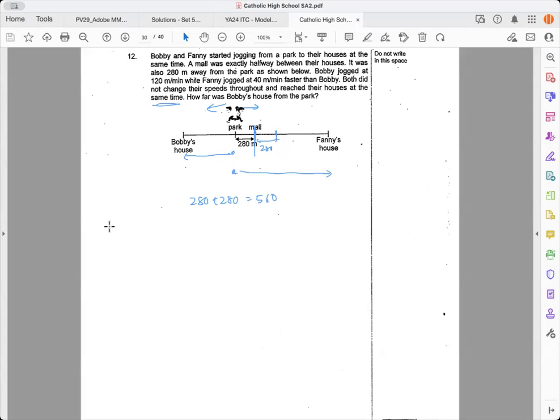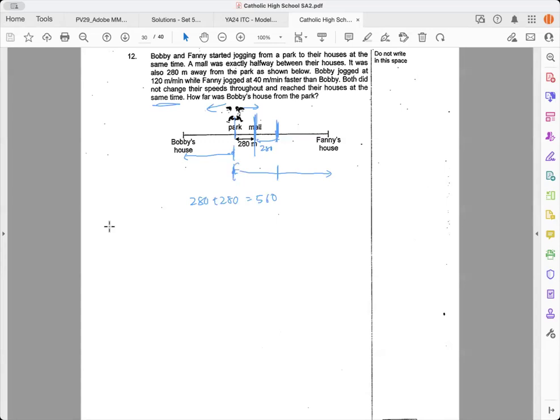Understand? For the same time period, Fanny jogged 560 meters more than Bobby because Fanny starts here, Bobby starts here, and the more is in the middle. So we compare this, you will see that Fanny actually traveled this extra distance.